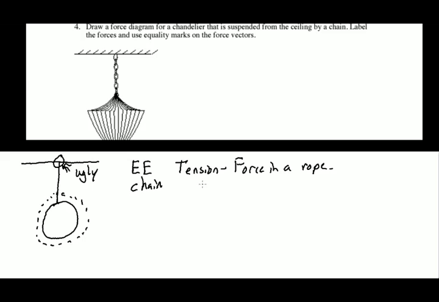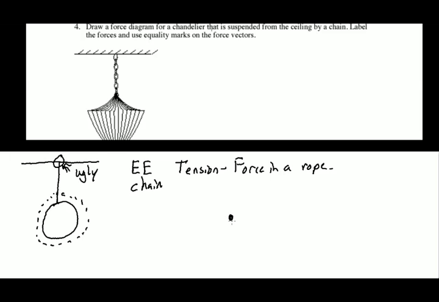You can't push a rope. The end. You cannot push a rope. You can only pull a rope. Tension is always along the rope, and it always pulls. Ropes pull in both directions. That's all. So let's draw our force diagram.